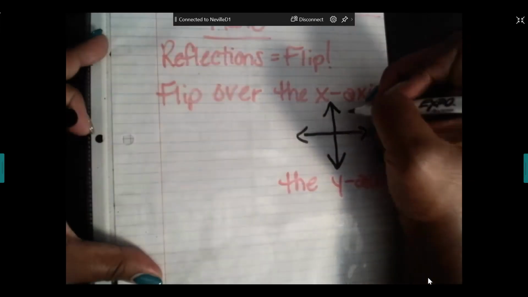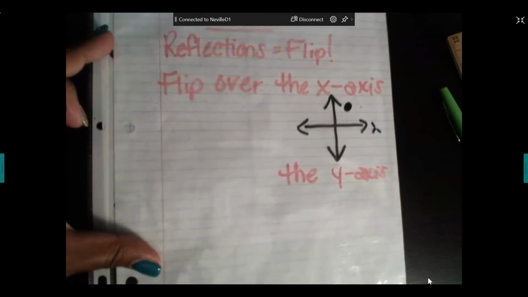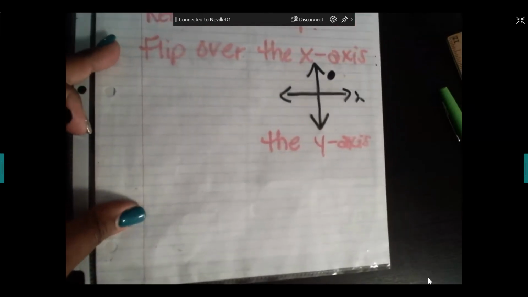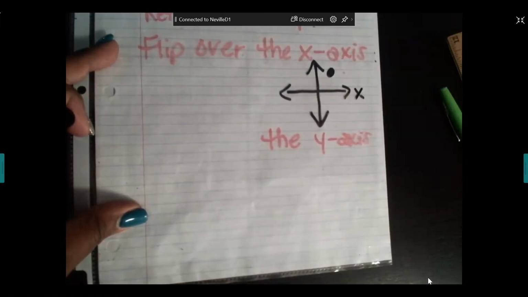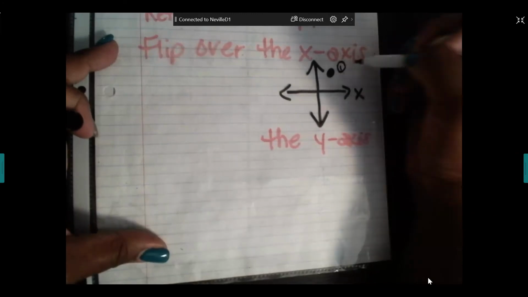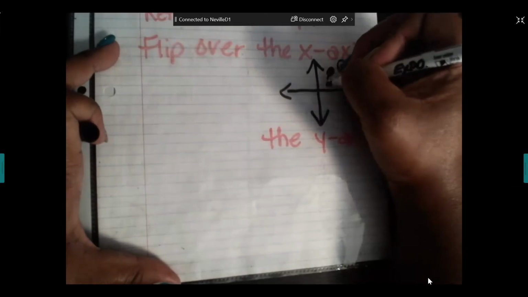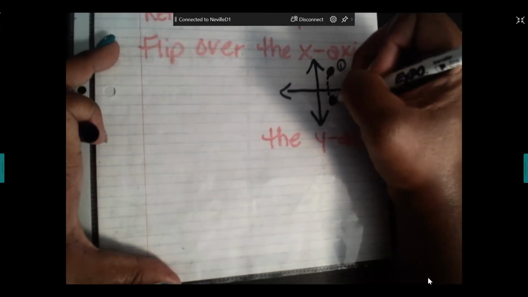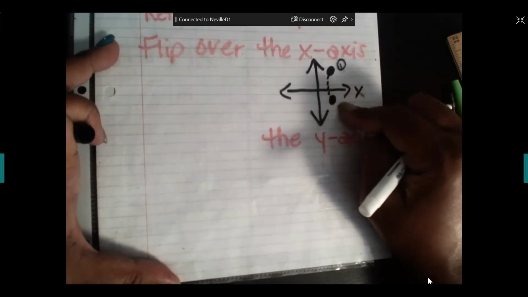So when we flip over that x-axis, our original point may be actually here in quadrant 1, but when we flip over our x-axis, it's going to end up in quadrant 4.